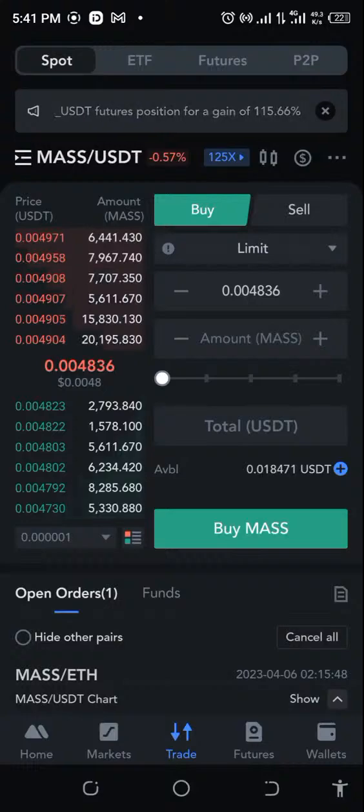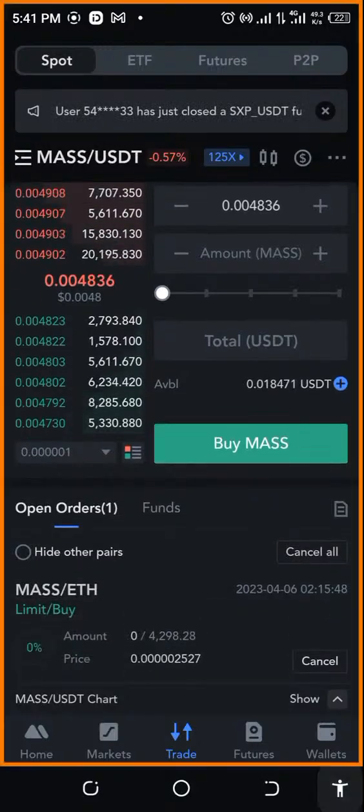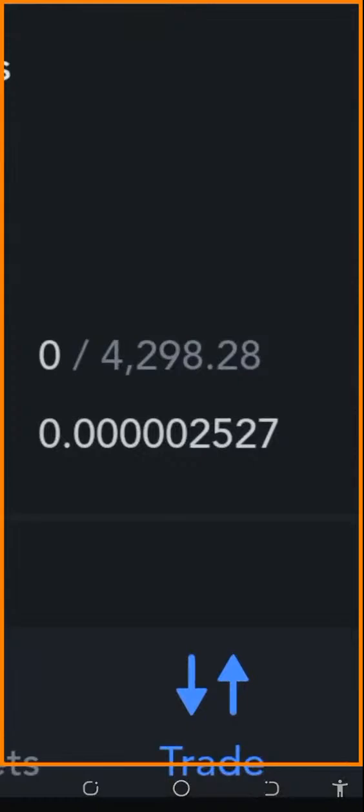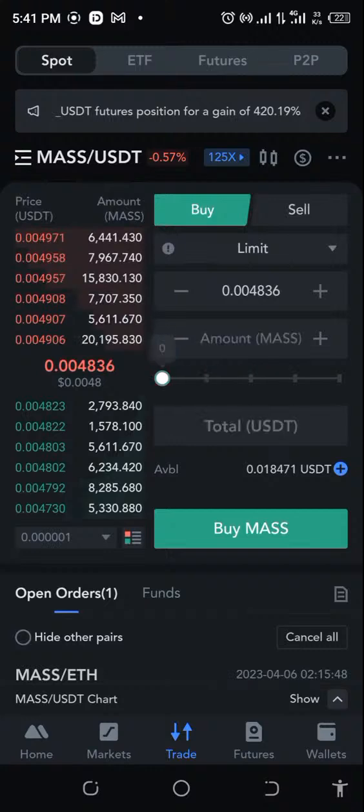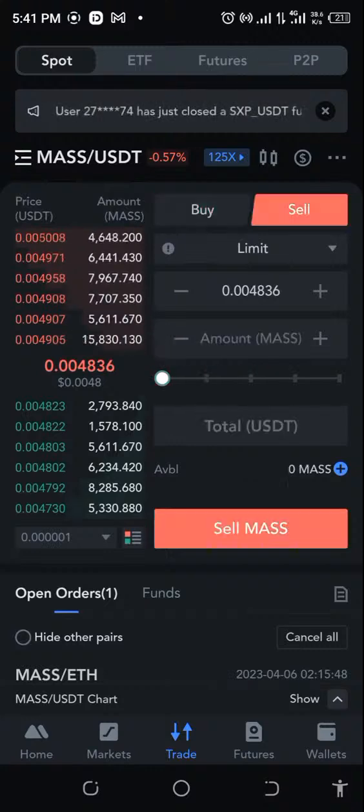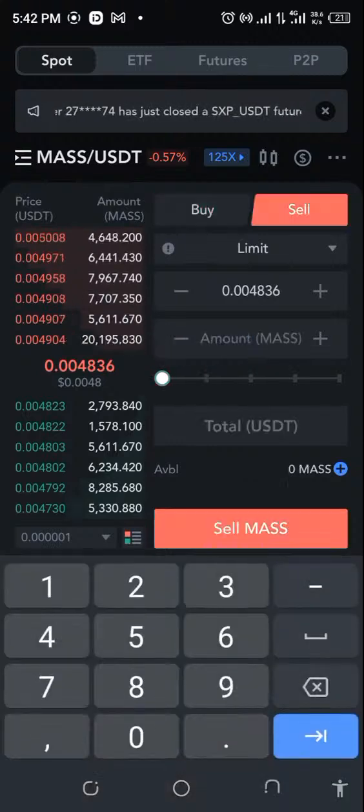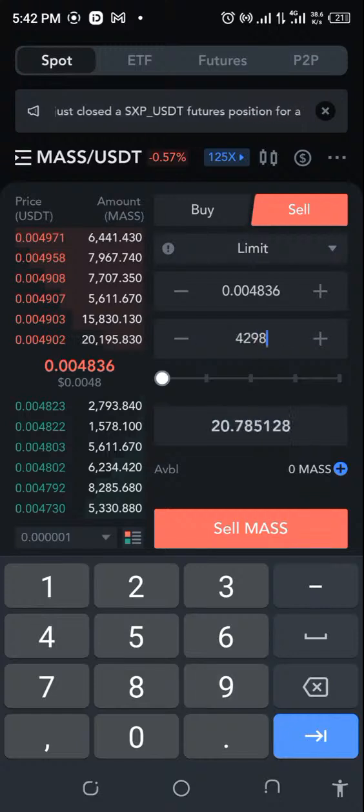How much do we have? We have 4298. If I click on sell and put 4298 quantity, I'll still make profit.